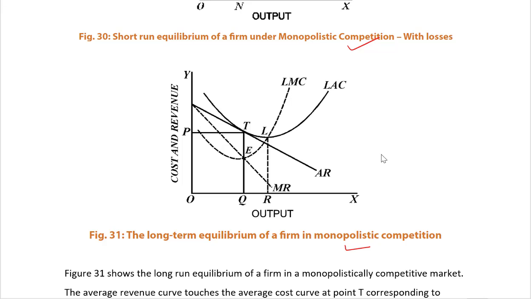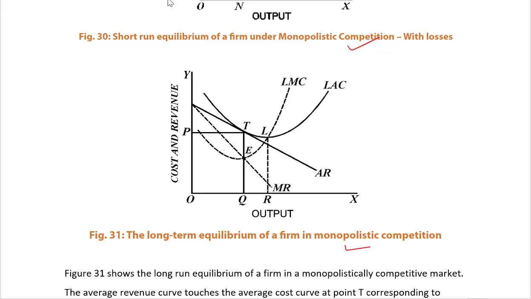You can see the effects of supernormal profits here. If a firm earns supernormal profits in the short run, there will be an incentive for new firms to enter the market. As more firms enter, the profit per firm will decrease as the total demand is shared among a larger number of firms, and this will happen till all the profits are wiped away and all firms earn only normal profit.